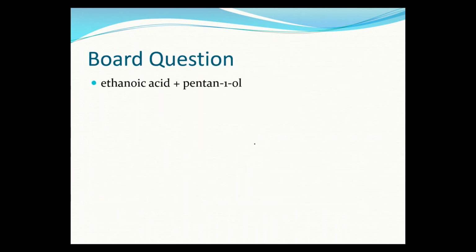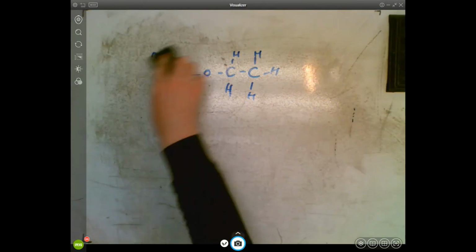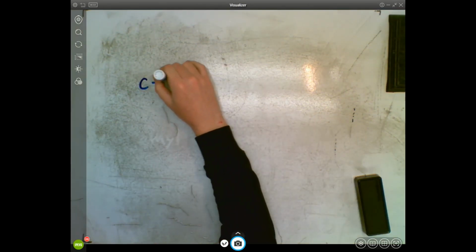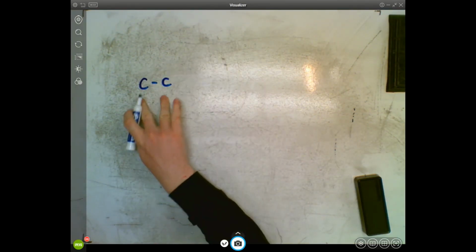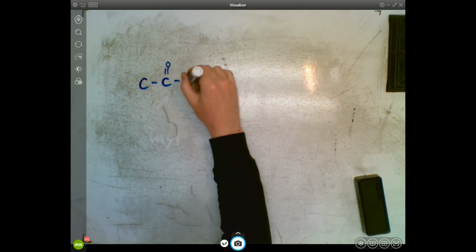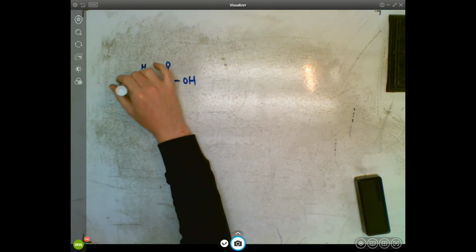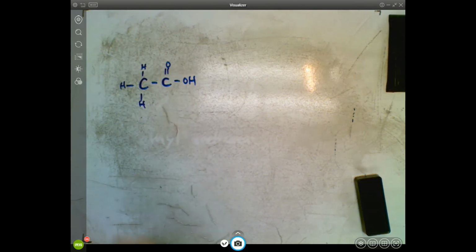Okay, board question. Pause the video, see if you can do this on your own, and then I will go through it right here. Okay, so give it a go. We have ethanoic acid. 2 carbons because it's eth, and then to make it an acid, we go double bond OH, and we just need 4 sticks attached to all our carbons.